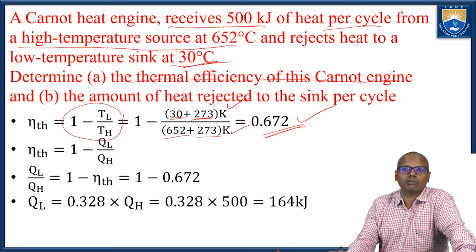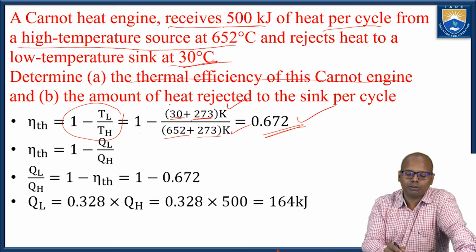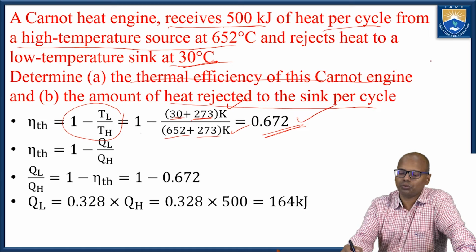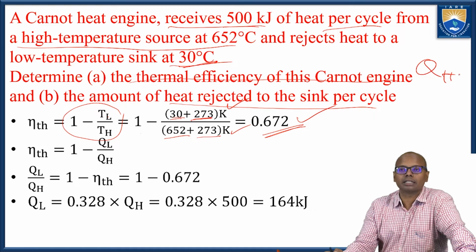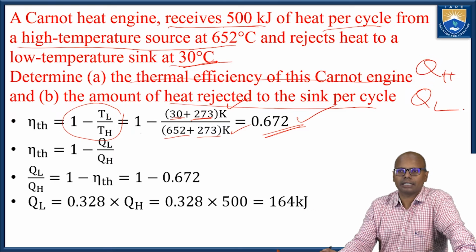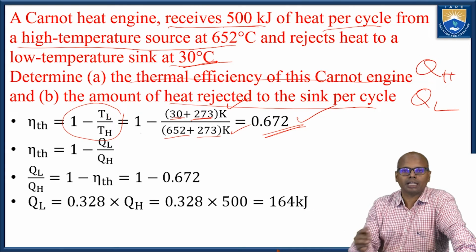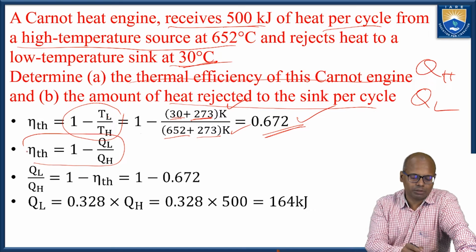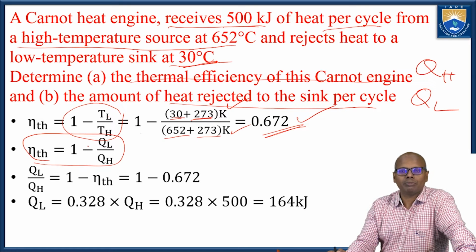Sometimes what I will be asked is the amount of heat rejected to the sink. So QH is given and it asks for QL, the heat rejected. We have another formula for thermal efficiency, which is 1 minus QL by QH.